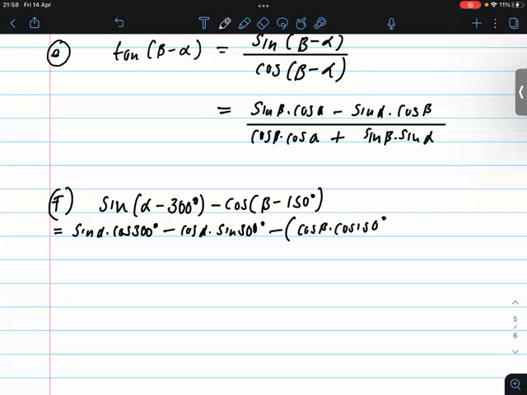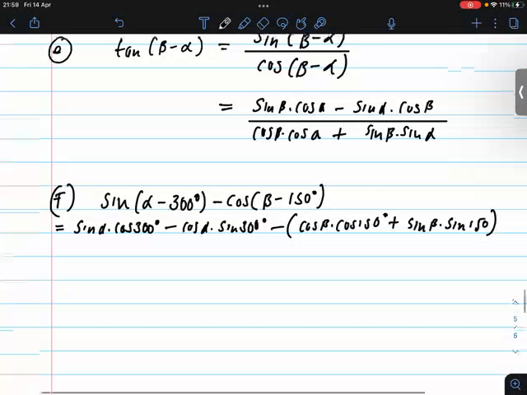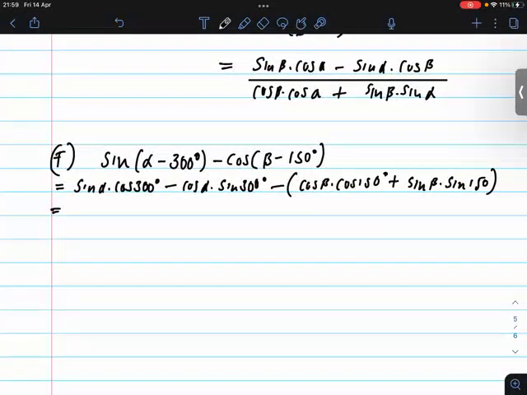I'm applying the cos compound, so this is sine of beta and then sine of 150. You're almost done. Sine alpha, you can take it from the graph, but you don't want to do that now. You want to first simplify these special angles. Cos of 300 can be written as what?